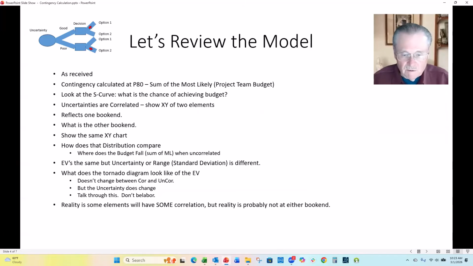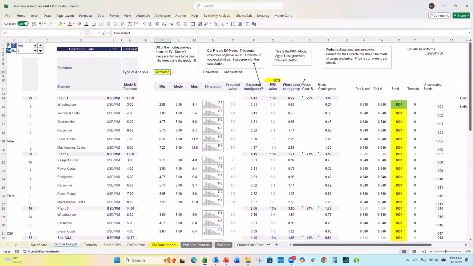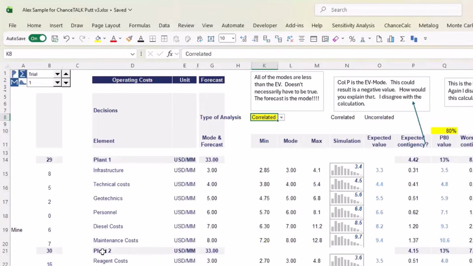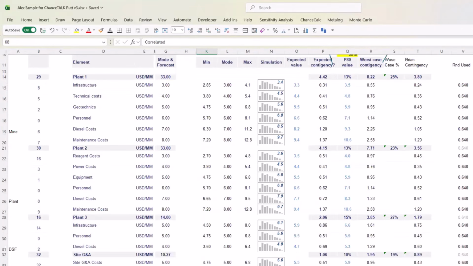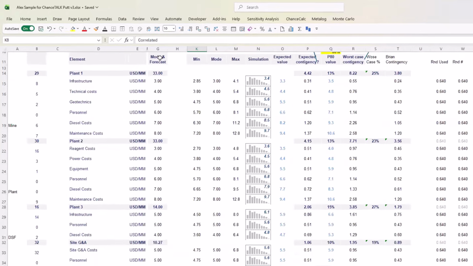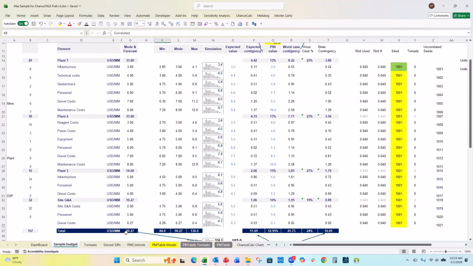So let's review the model. Here is the model. These are my cost categories. It's actually set up as a plant 1 and a plant 2. And then there's a plant 3 that looks different. And then G&A. And they've established a forecast that was based on the mode, or maybe the mode was established first.